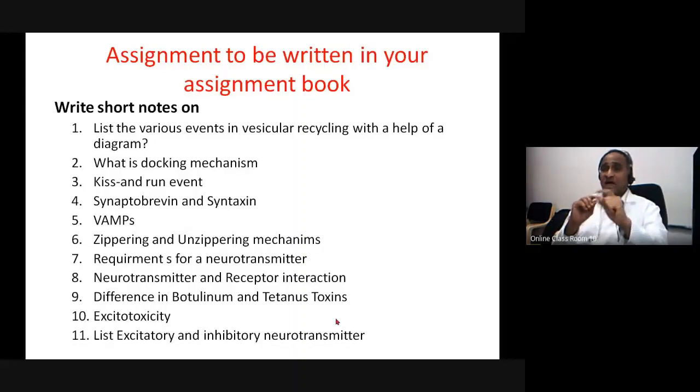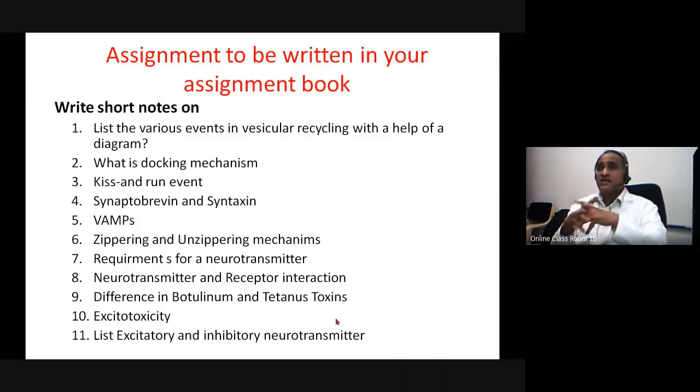Then we come back. I will not be teaching that particular neurotransmitter chapter in its entirety. You can go to Ganong and read that, and you will have good detailed aspects about neurotransmission. Different neurotransmitters are explained in a very simplified manner.